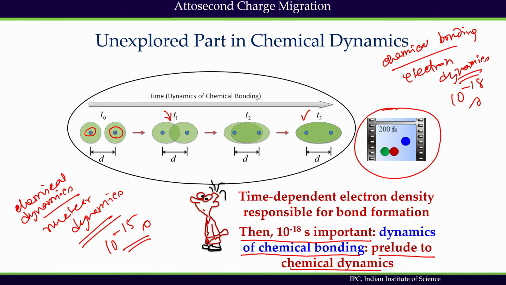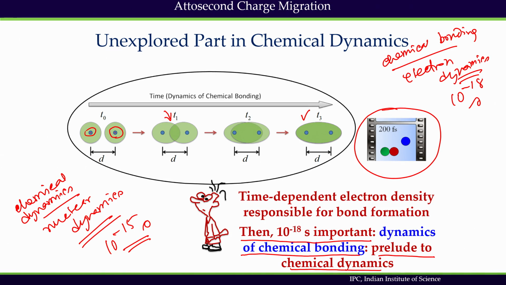So it is not that we will be able to contribute a lot to chemical dynamics with the help of attosecond metrology and attosecond science, but we will be able to understand many unknown phenomena of chemical bonding, or the dynamics of chemical bonding as the electron density changes as a function of time.